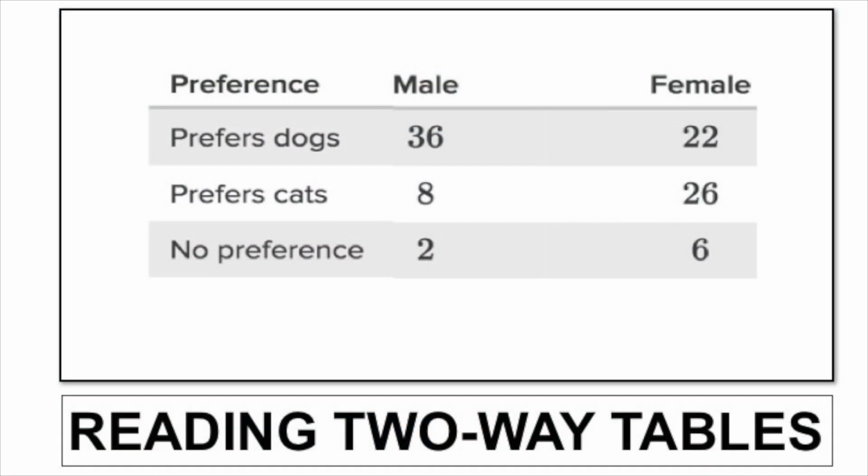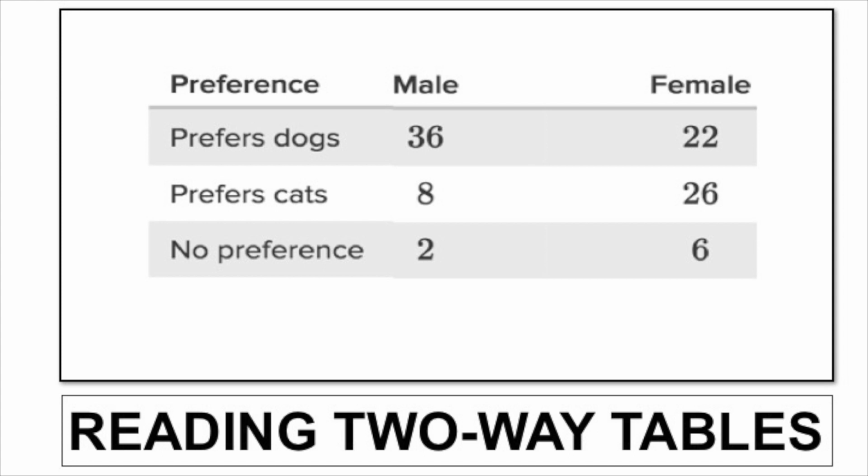So let's take a look at today's PowerPoint presentation, reading two-way tables. Yes, and these tables are so called because there's 2 different ways to read them. We can either read the information going across ways, horizontal, or we can read the information going downwards, vertical.